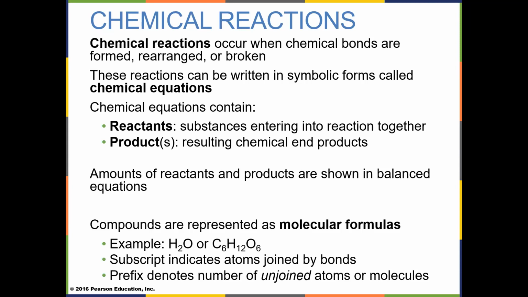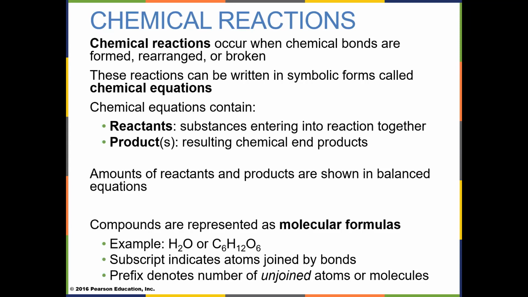Now, when we look at an equation, we use the molecular formula of a reactant or a product. So, for example, H2O, water. Everybody knows H2O is water, 2 hydrogens, 1 oxygen. Or C6H12O6, that's glucose. That term will be ingrained in your memory by the time you're done with this class.